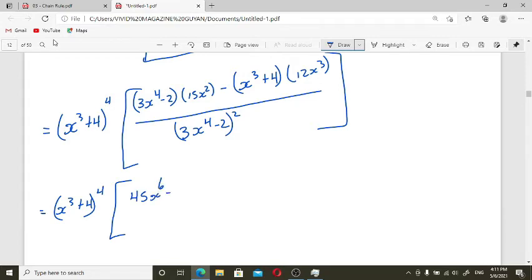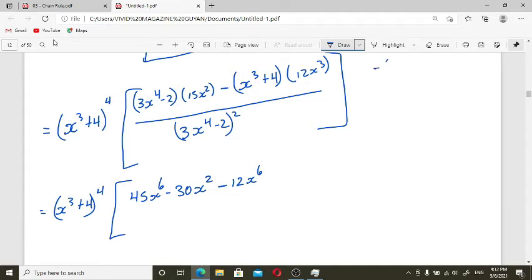Minus 2 times 15 is 30 x squared, minus x cubed times x to the third is going to give me, sorry, 12x cubed times x to the third is 12x to the sixth. Just remember that there's a negative sign in front, so let me work it outside here.